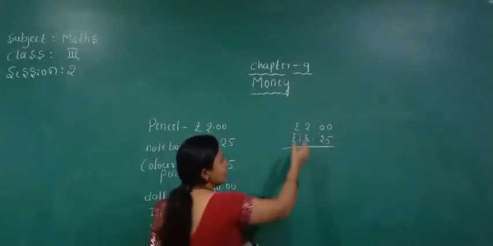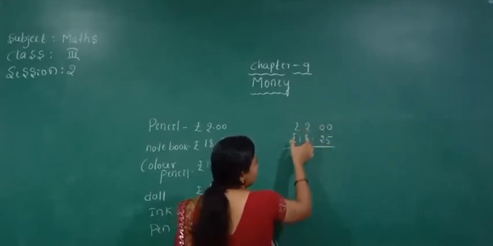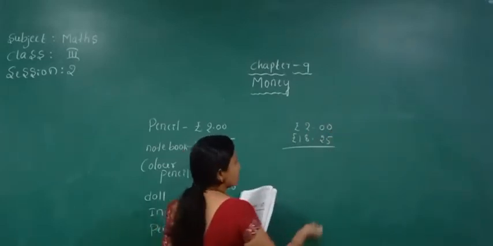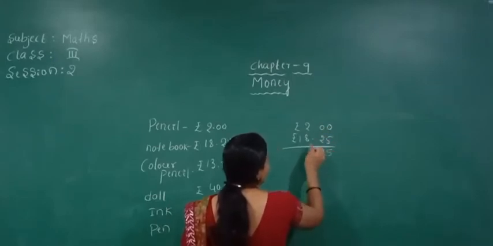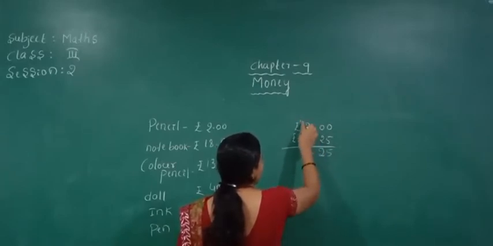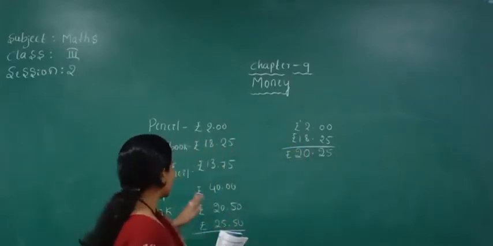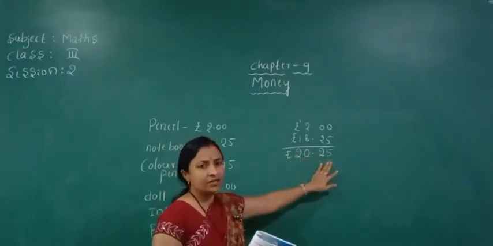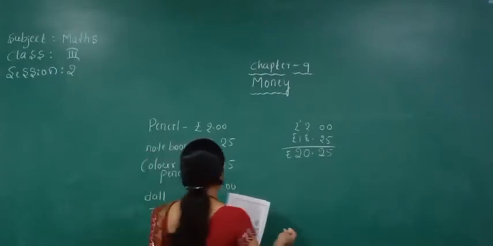Remember these are the paise column and these are the rupees column. 0 plus 5 is 5. 0 plus 2 is 2. 8 plus 2 is 10, so give a carry 1. 1 plus 1 is 2. So the total price of one pencil and one notebook is 20 rupees 25 paise.